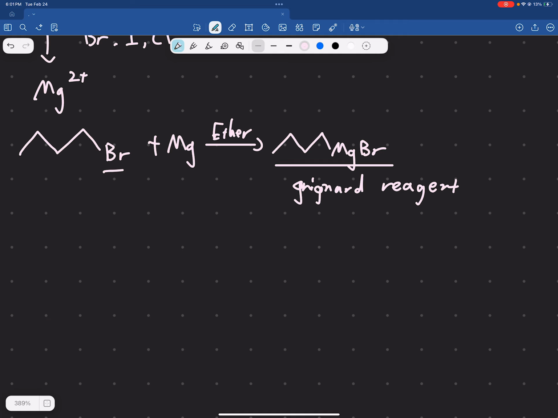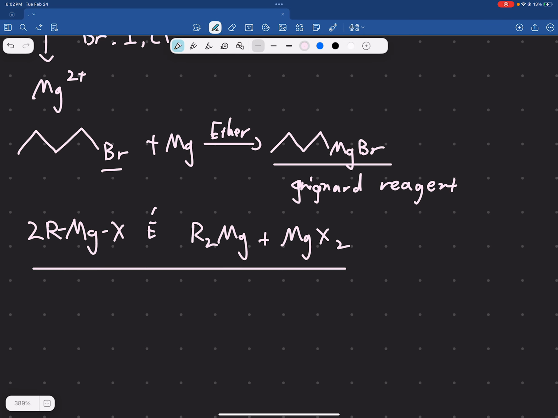And something to note for Grignard reagents is that there is usually an equilibrium between the monoalkyl and dialkyl magnesium. So RMgX will be in equilibrium with R2Mg plus MgX2.